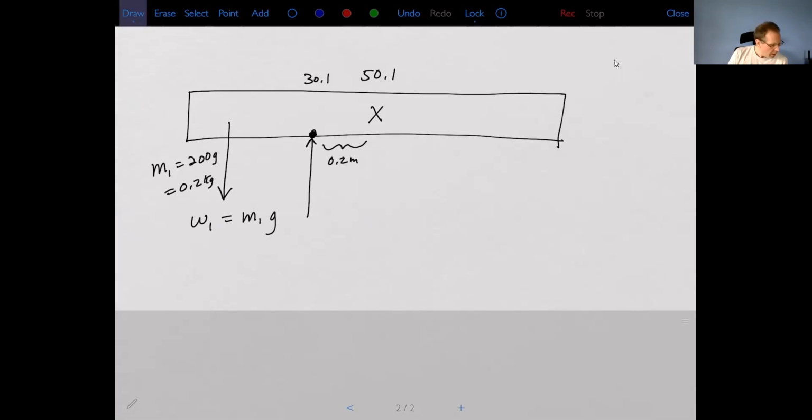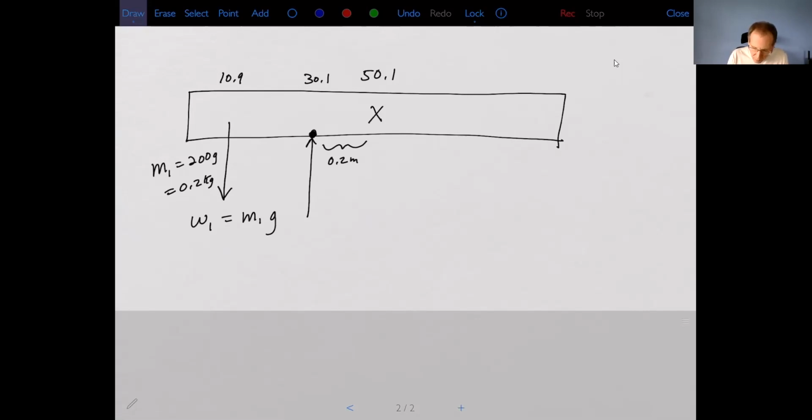And it turns out that this balances. I had to place that at some location such that the entire meter stick was balanced, so it's in rotational equilibrium. It turned out that it balanced when this location was 10.9. So when I put it at 10.9 centimeters, it balanced.